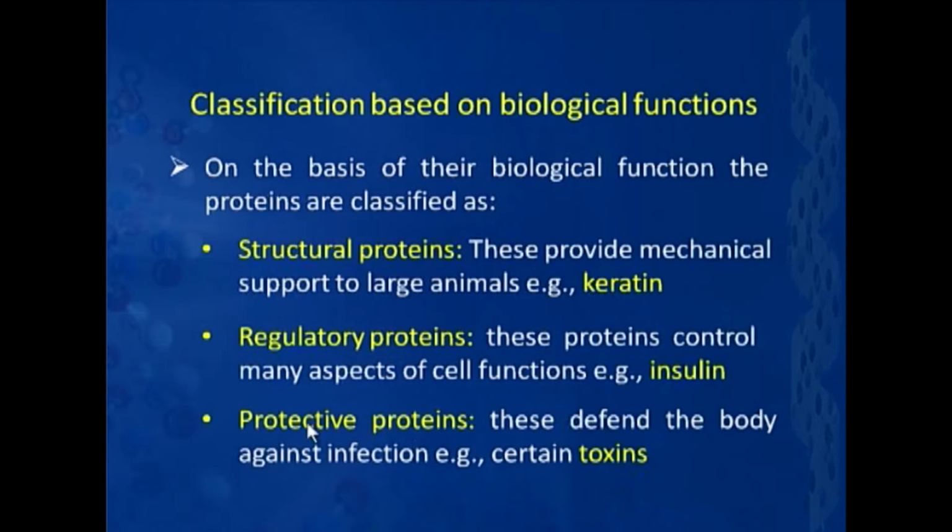Then another function of proteins happens to be protective, because these are called protective proteins. As the name suggests, these proteins basically defend the body against infection. So, say certain animals have toxins which belong to this category, or maybe you can have immunoglobulins, the things which protect us from infection. So, they are called protective proteins.